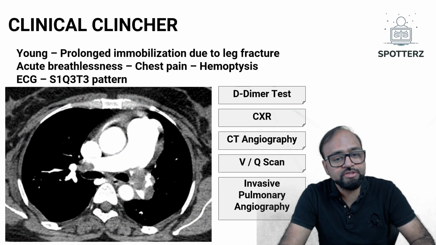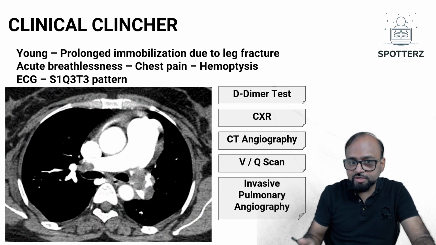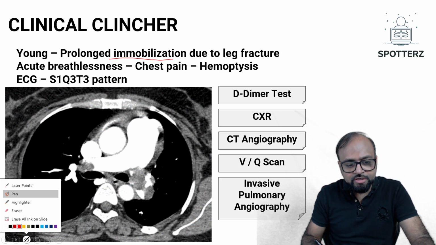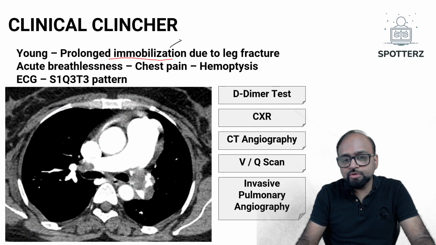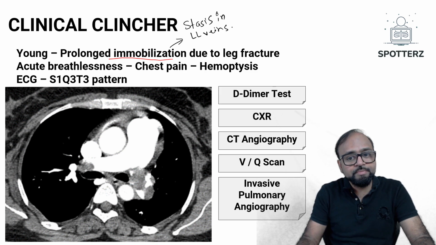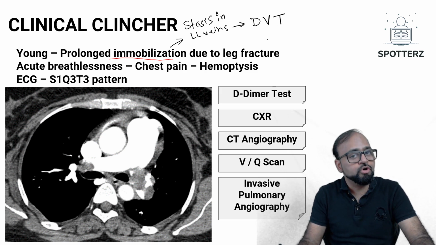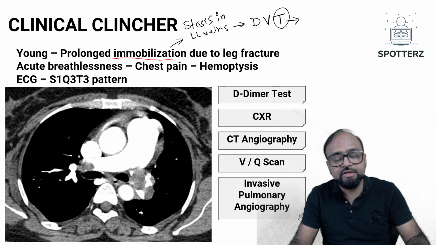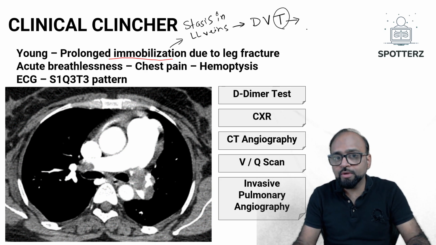This is a young patient who presents with a history of prolonged immobilization due to a leg fracture, right? And this is going to give rise to stasis within the lower limb veins. This is a predisposition to the development of deep venous thrombosis. One such thrombus is going to get dislodged from the lower limb veins.